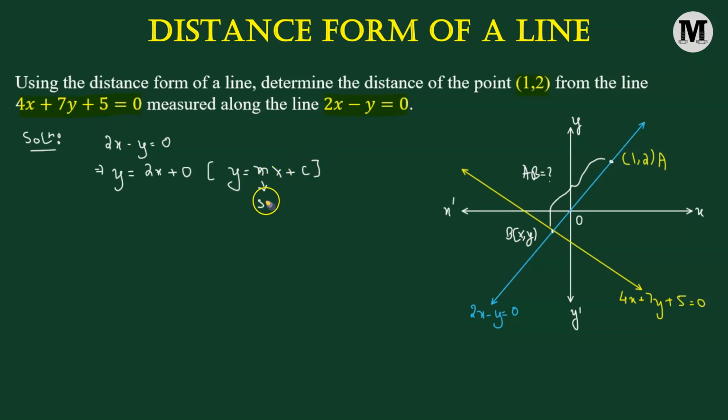Here m is the slope. Slope is defined as the tangent of the angle that the line makes with the positive direction of the x-axis, which is the angle alpha. In our case, m = 2, which means tan(alpha) = 2. So this is the slope of the line 2x - y = 0.